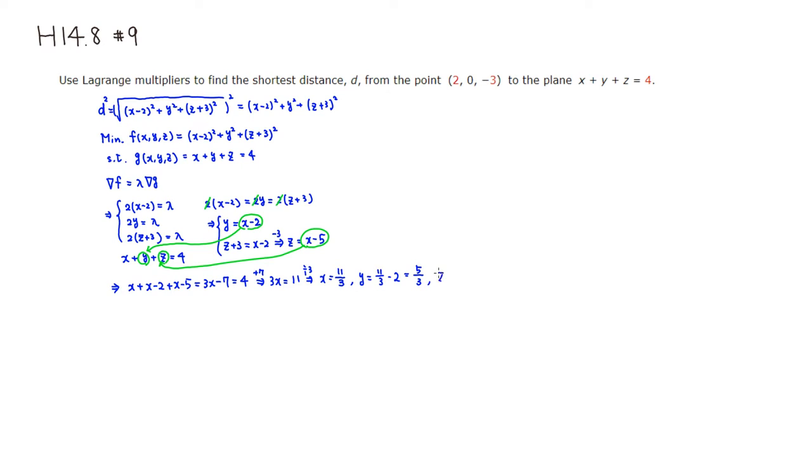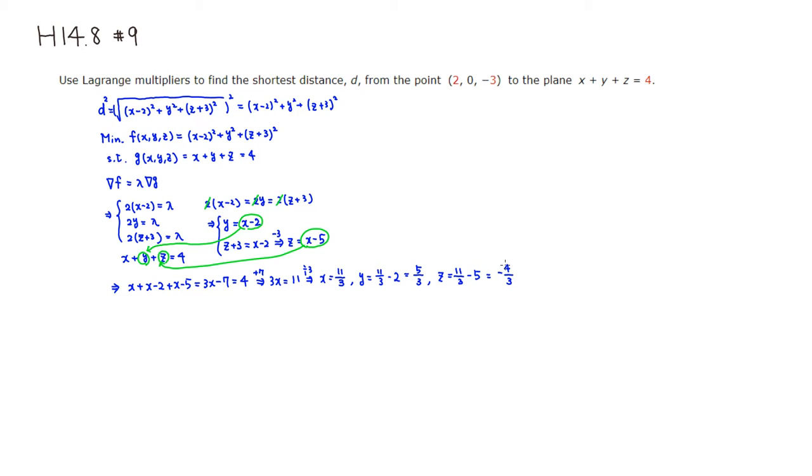Also z is going to be x minus 5, so 11 over 3 minus 5. 5 is 15 over 3, so this is negative 4 over 3. So we got the x value, the y value, and the z value.